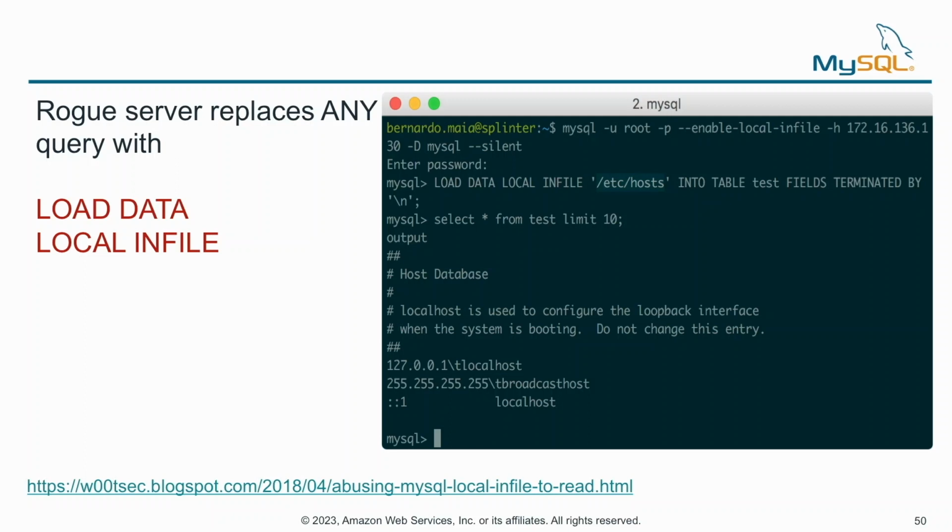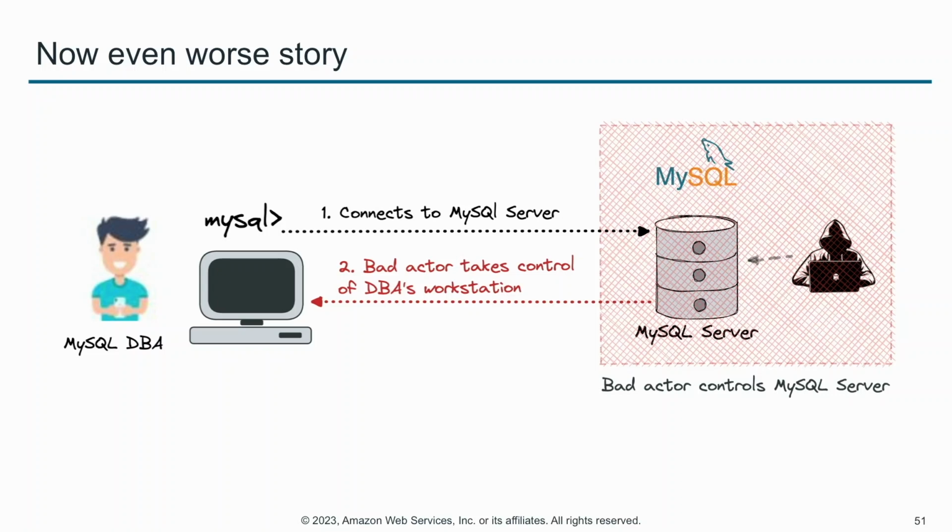Now, as a pen tester, reading a file is okay, but my ultimate goal is to execute code. That's what I want to do. So this is the scenario that I will be talking about and demoing today. Your MySQL DBA connects to the server.